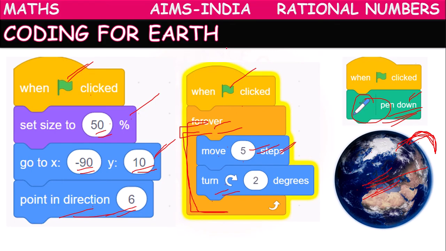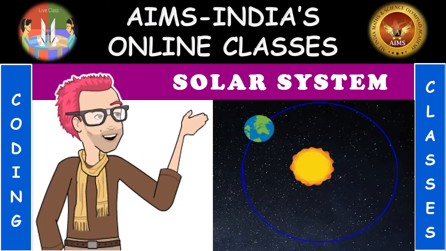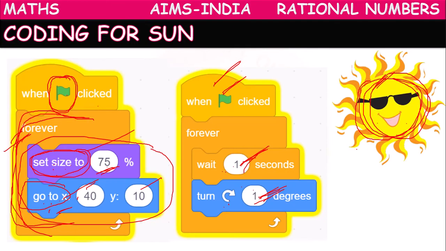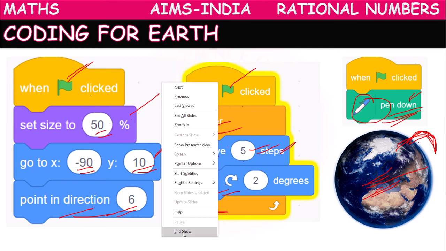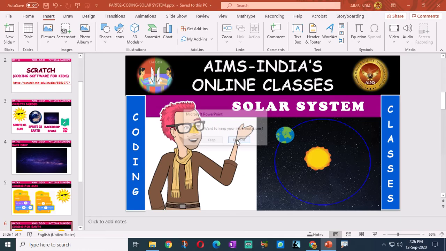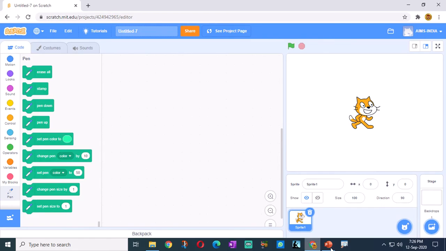Next, children. So now these are the steps of coding, children. So now we are seeing practically how we are going to do this. So for that, we have to go to Google, children.